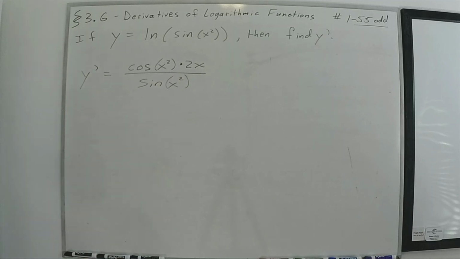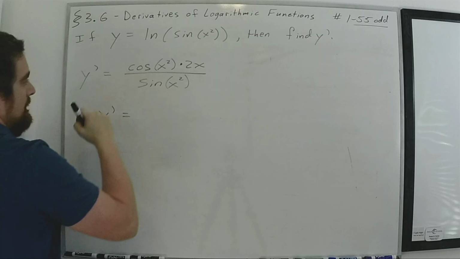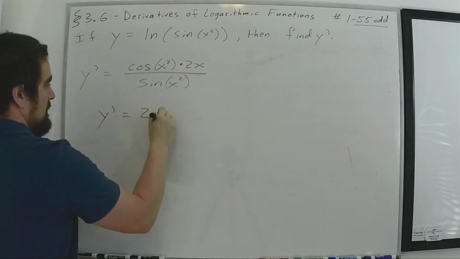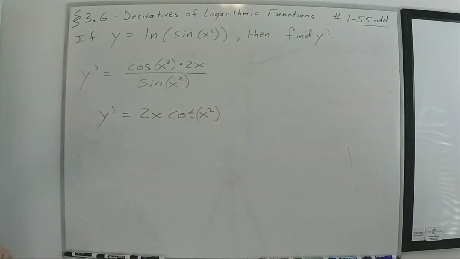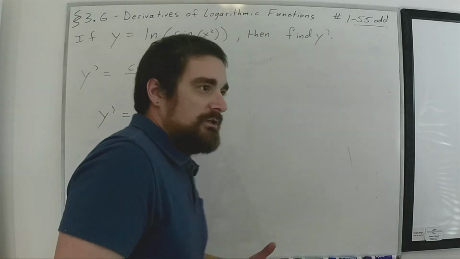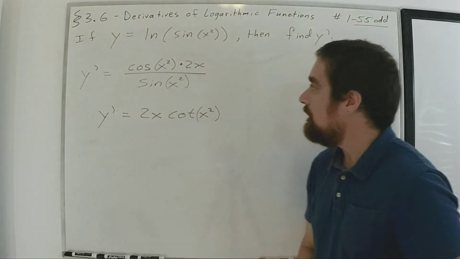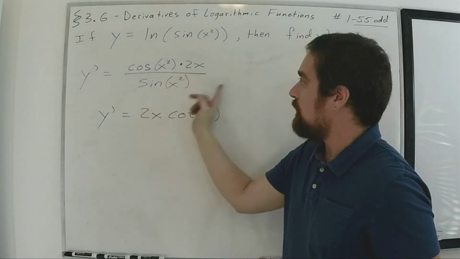Now you can leave it like that, and there's really nothing wrong with that. But cosine x squared divided by sine x squared is actually cotangent of x squared. So you might see it rewritten like this, just to save space, right? And generally, we like to see the numerical coefficient out front.